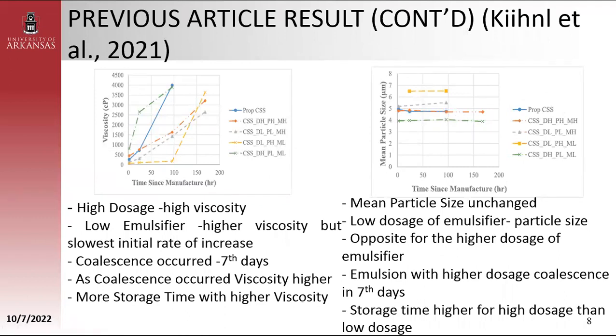When particles clog with each other, they will settle down and be less viscous, and they will be a rapid set emulsion. But CSS is more or less a slow set emulsion. This is the main contradiction and limitation of this article.